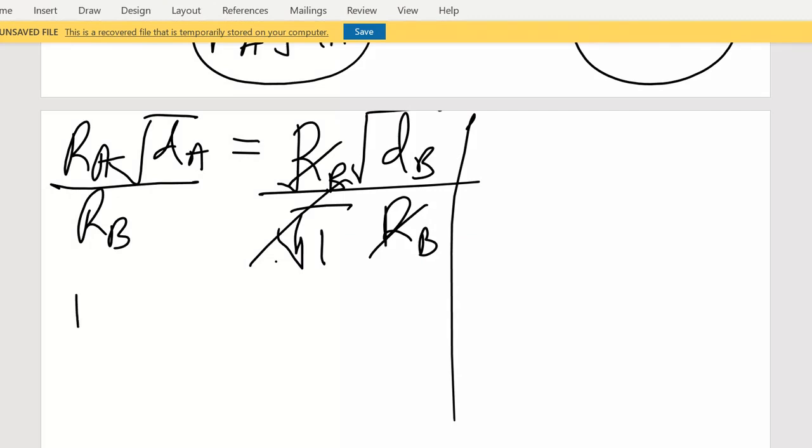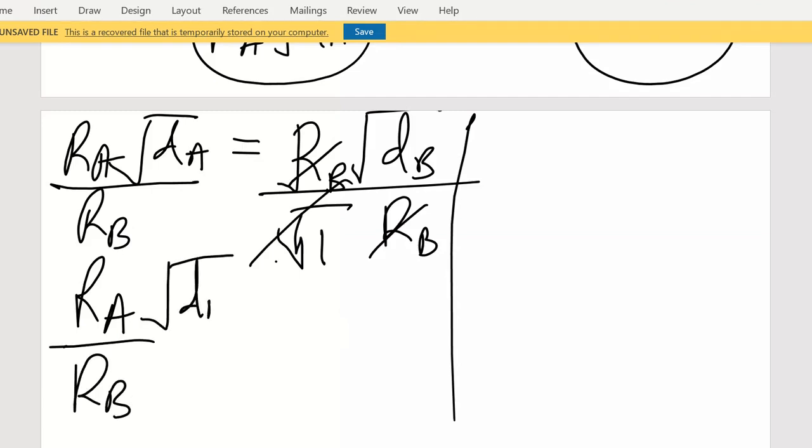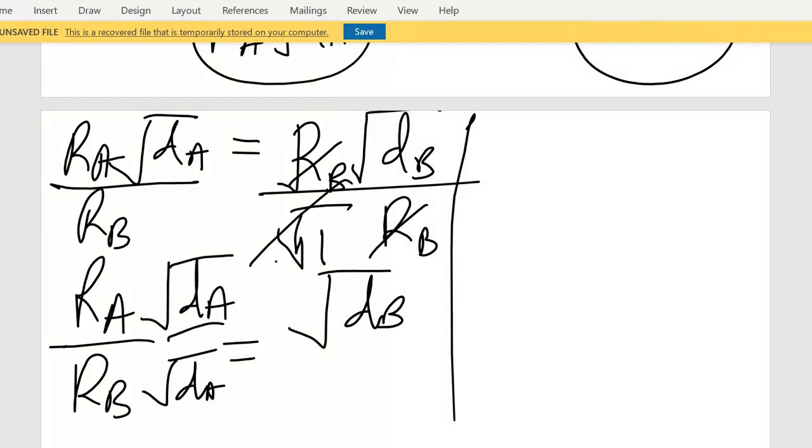So this one cancels out. We have RA over RB root dA is equal to root dB. So divide here by root dA, we divide by root dA.